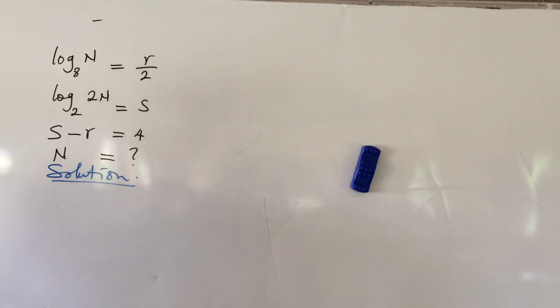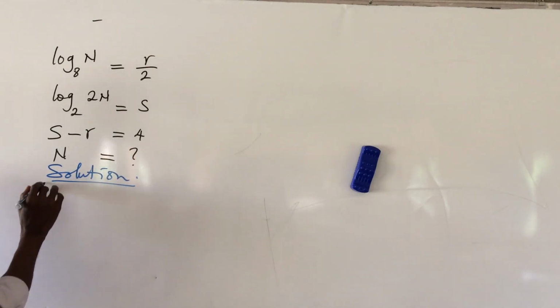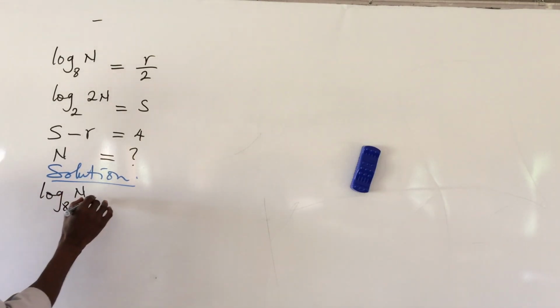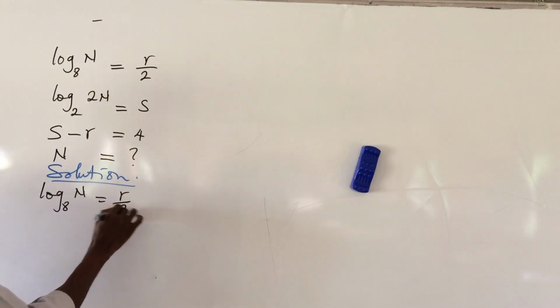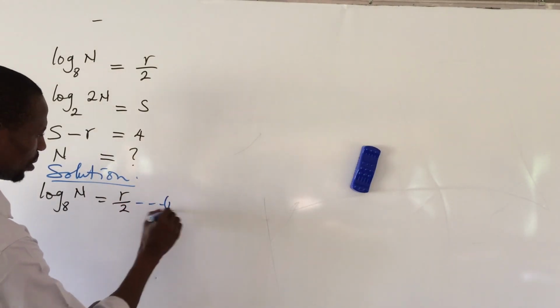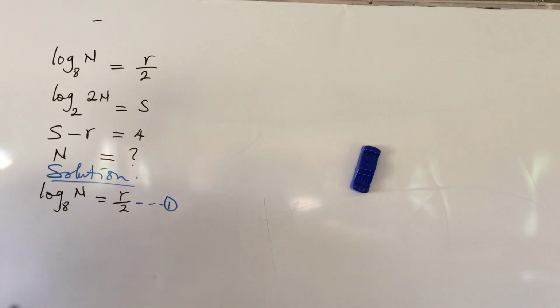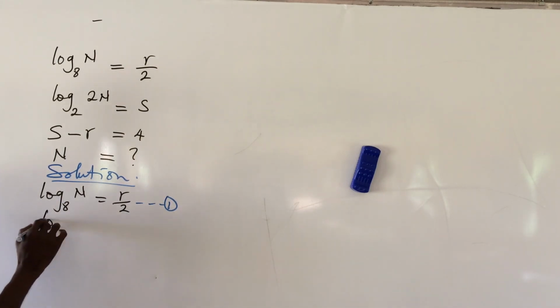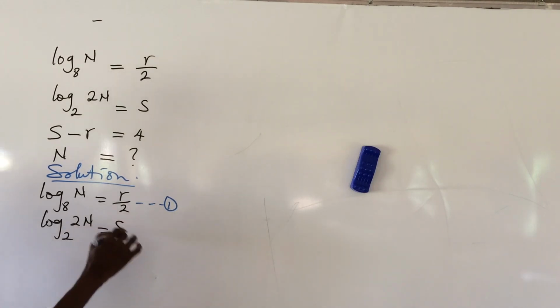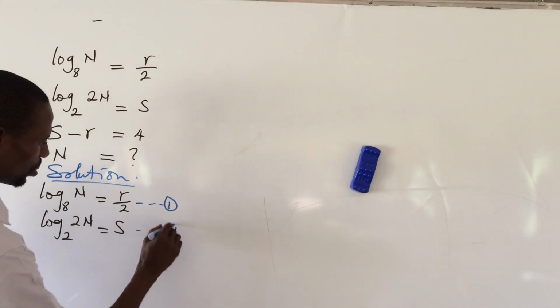We write down our equation. Equation 1, we have log n base 8 equal to y over 2. I want to label this equation 1. Then second one, we have log 2n base 2 equal to x, and I want to label this equation 2.